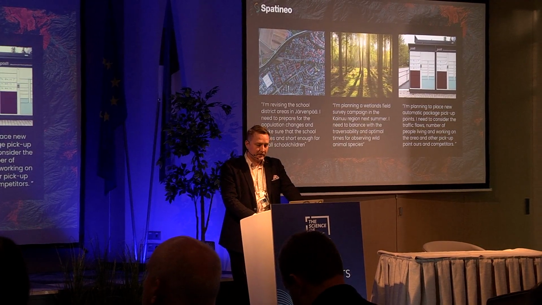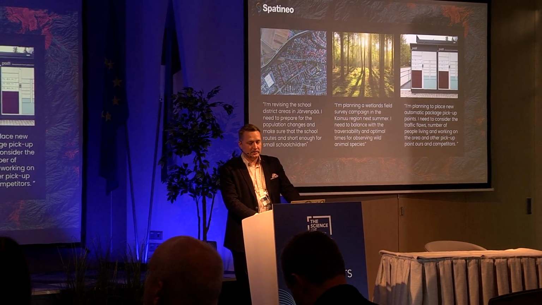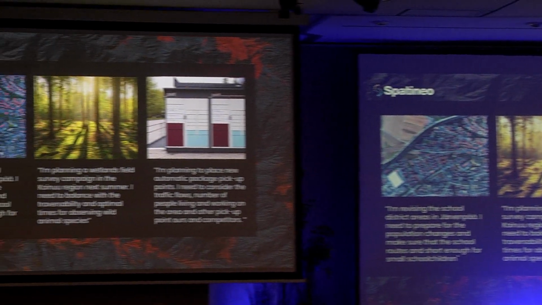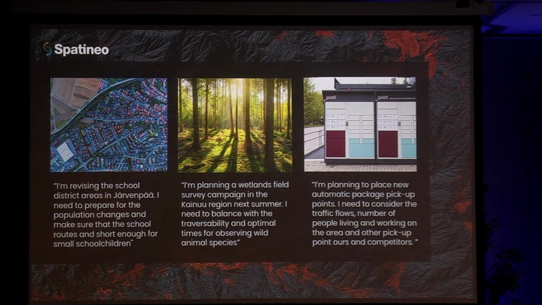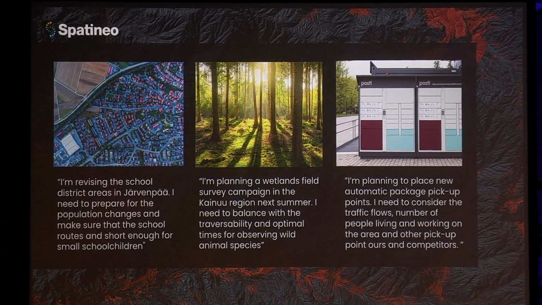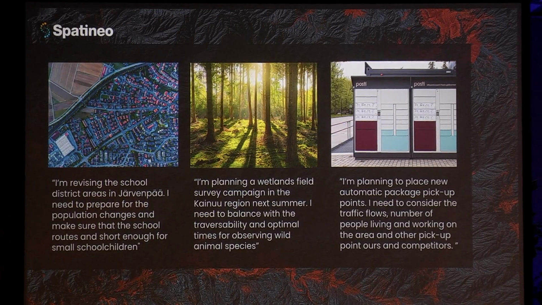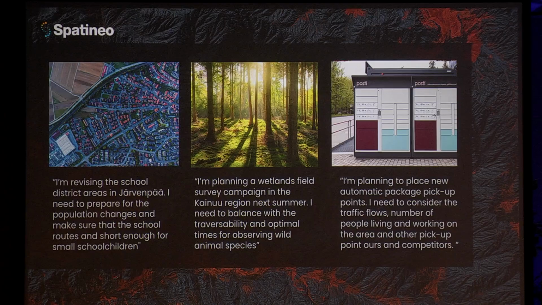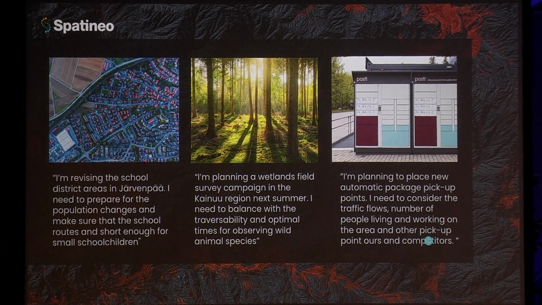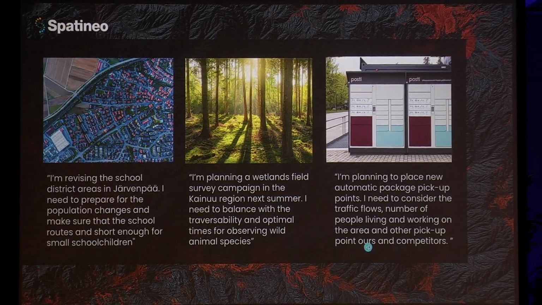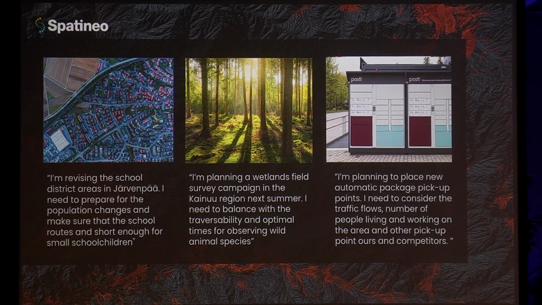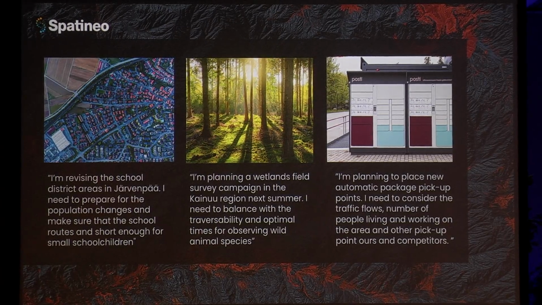We are doing this kind of AI-based tool where you just tell what you are doing, and our AI system tells what data you would need and gives you access to that data. For example, if you are planning some parcel pickup points, you would just say that you are doing this, and you would need data about competitors, about any other pickup points, and so on. And the system would give the data sets you would need.